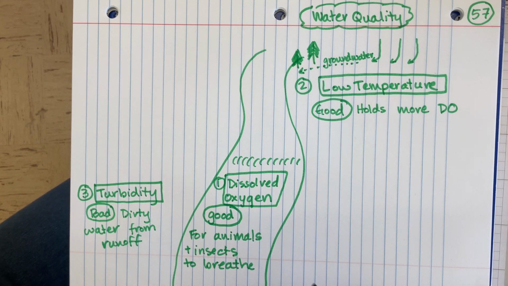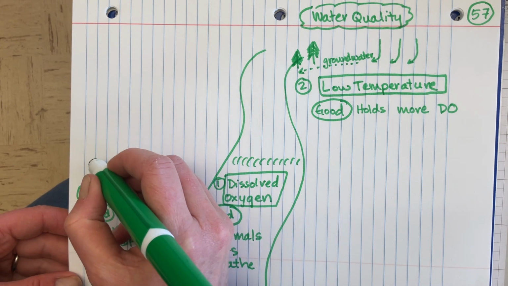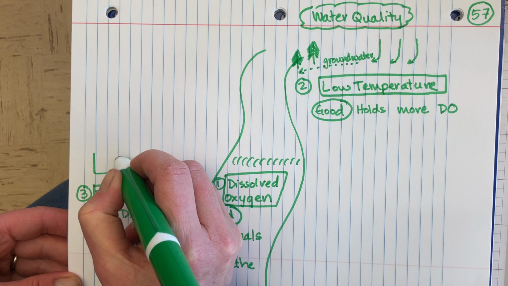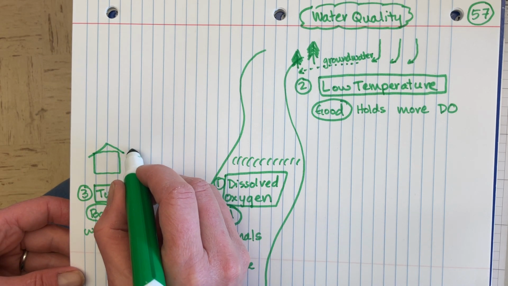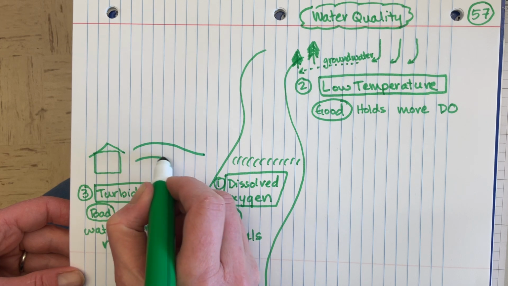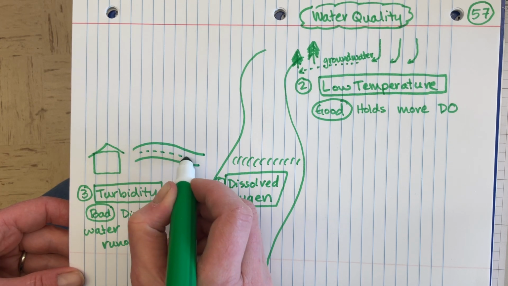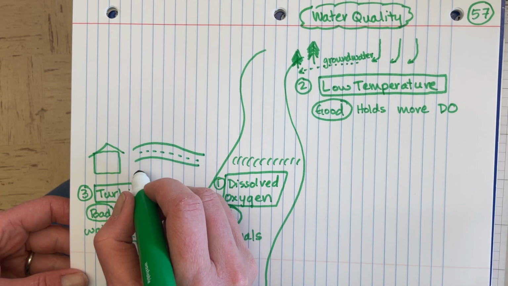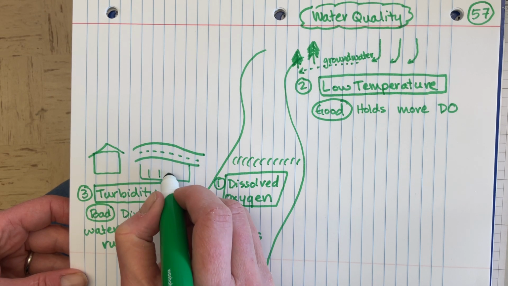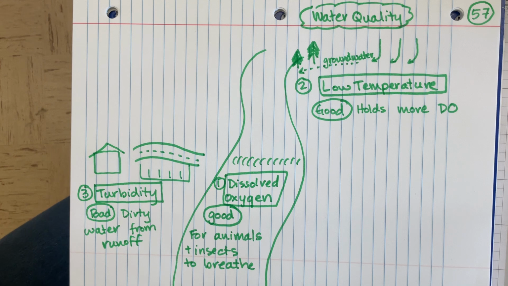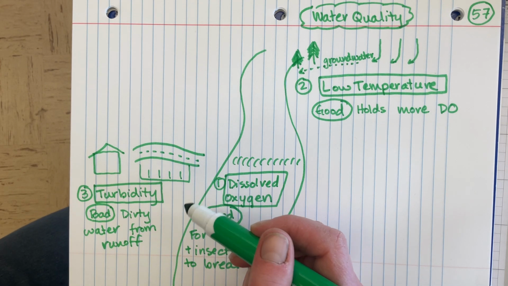And turbidity can come from just like a really heavy rainstorm, but in a city, usually it comes because water lands on houses or it lands on streets or it lands on maybe parking lots. And when it lands on those kinds of surfaces, the water can't infiltrate.